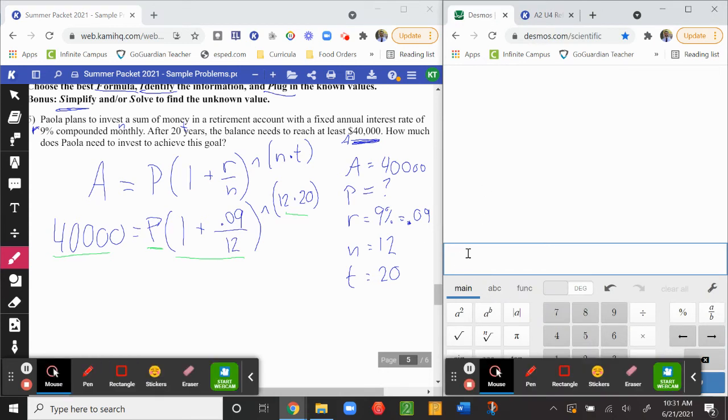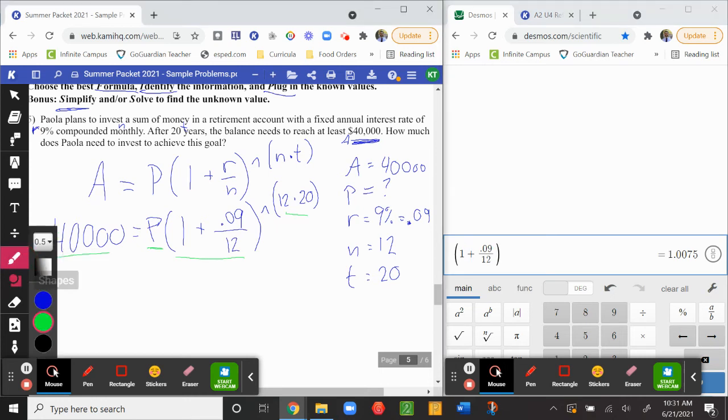I can do 1 plus 0.09 over 12. And that gives me 1.0075. All right, so this group is 1.0075.